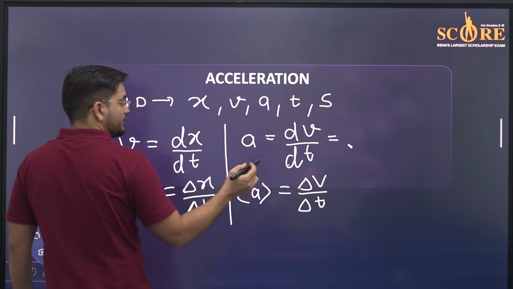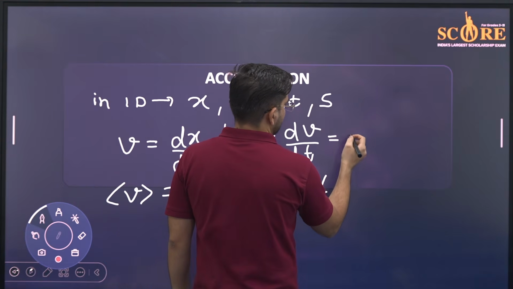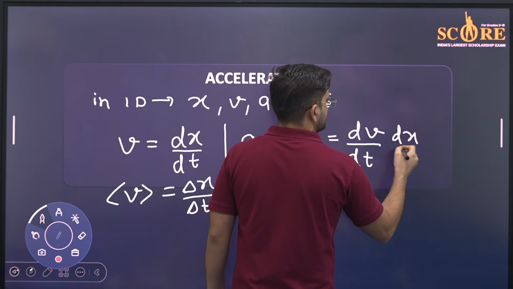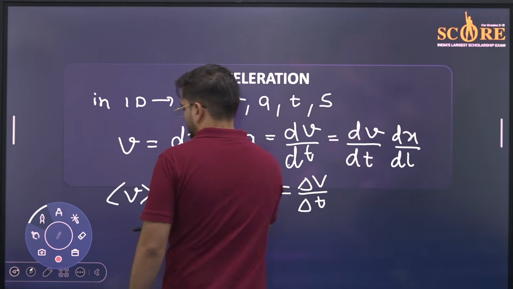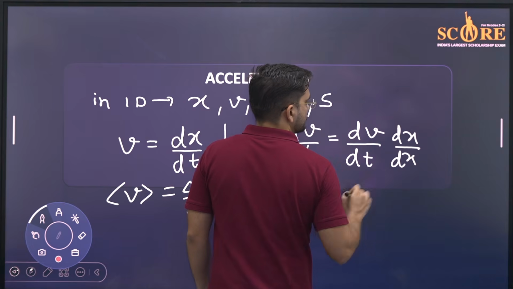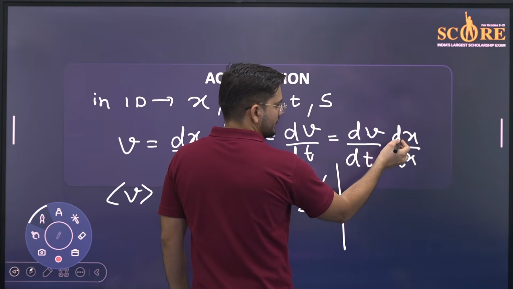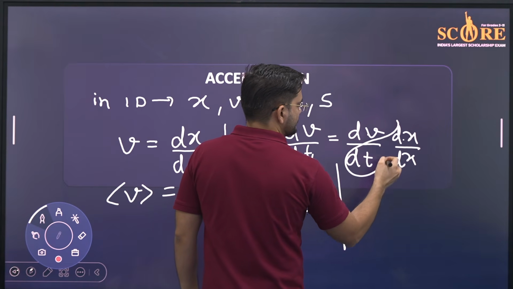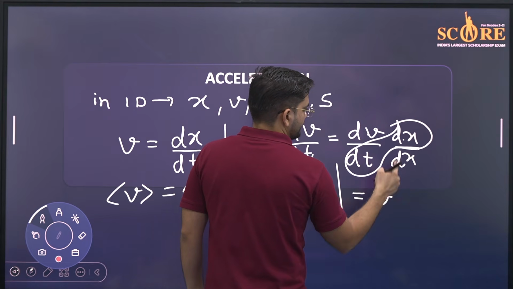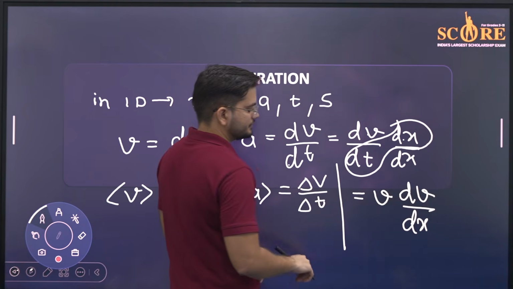If we multiply and divide by dx, then we get dv by dx times dx by dt. dx by dt is velocity, so we can write v dv by dx.